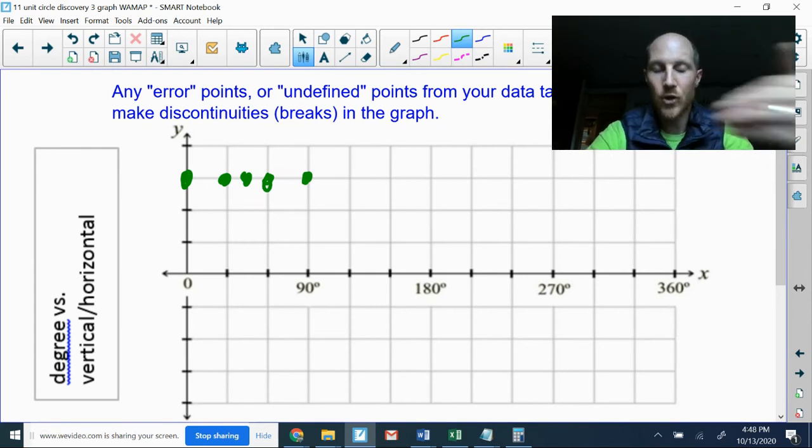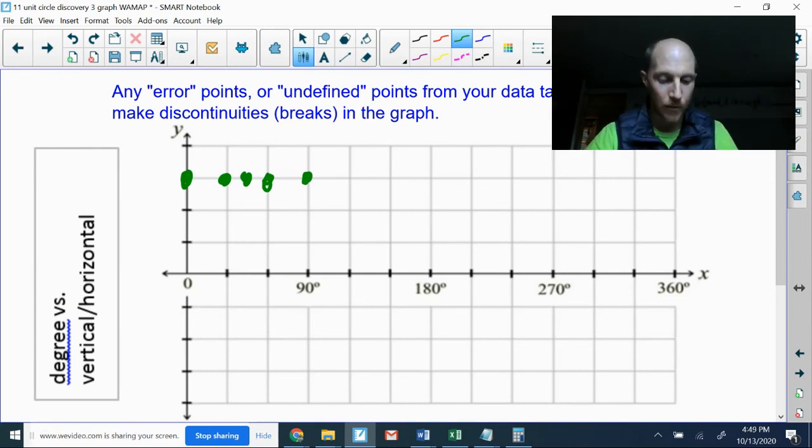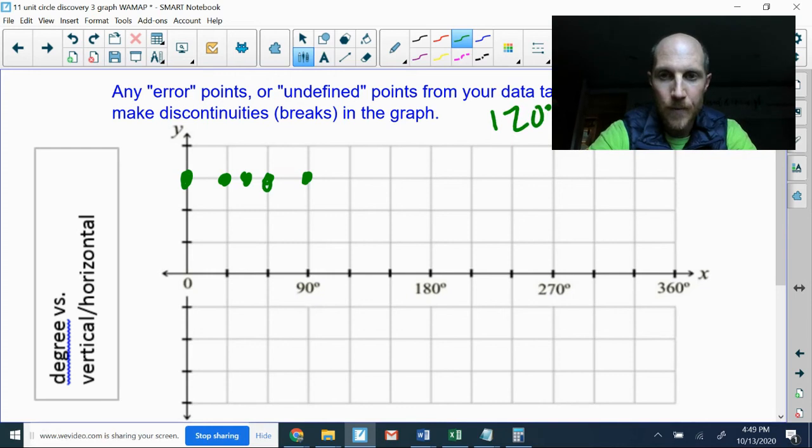Let's say, as just an example, I'm going to pick a random number off of my random number list right here. Let's say that at 120 degrees, what I got does not exist. Now, that may or may not be true. That's just a random angle I picked as an example.